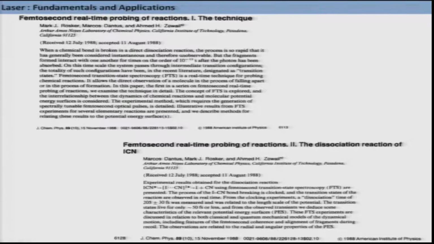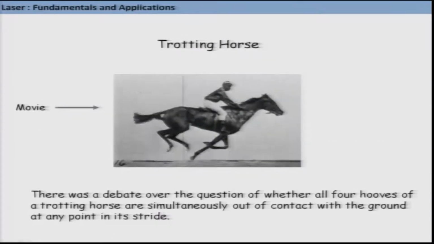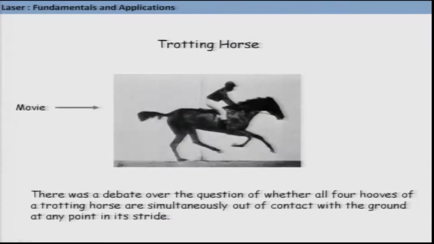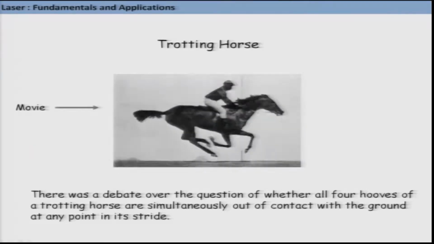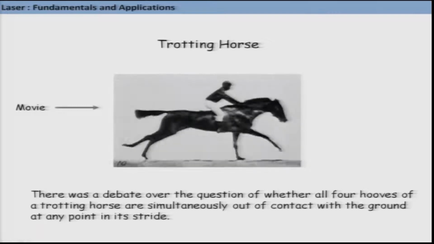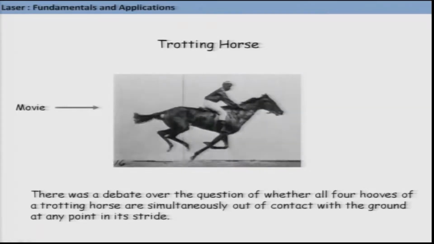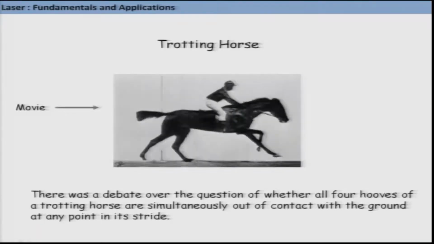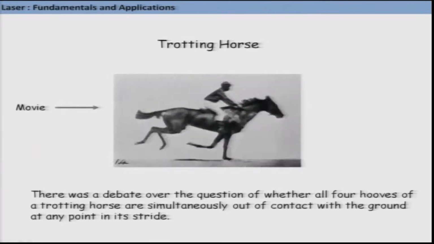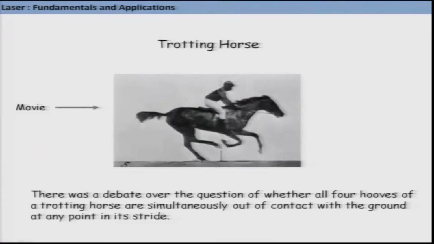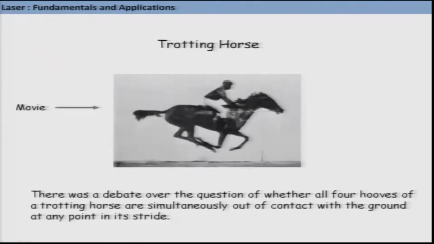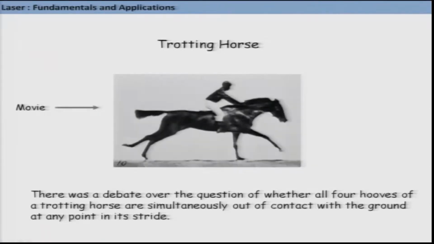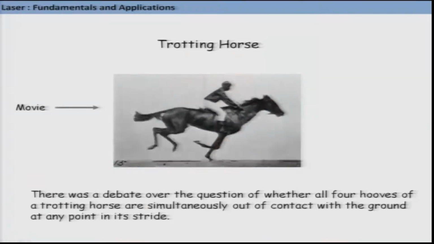Some more. Now, on your screen you can see there is a video of a horse trotting. While the horse executes this trotting motion, a lot of questions were there, like is there any moment when all the four hooves of the horse are above ground?